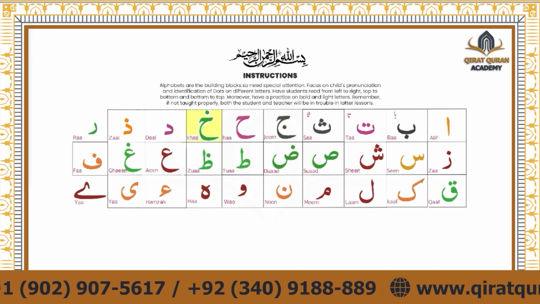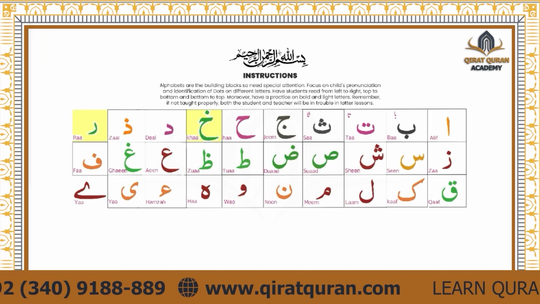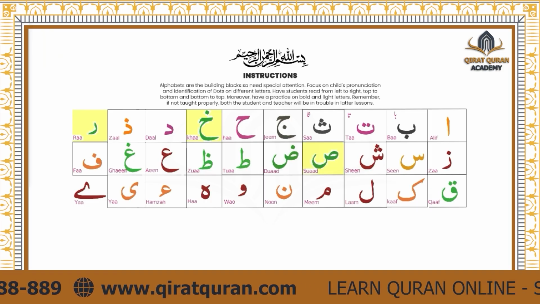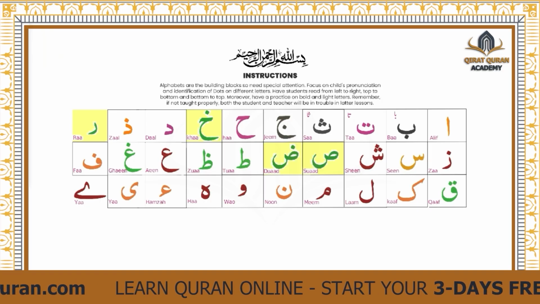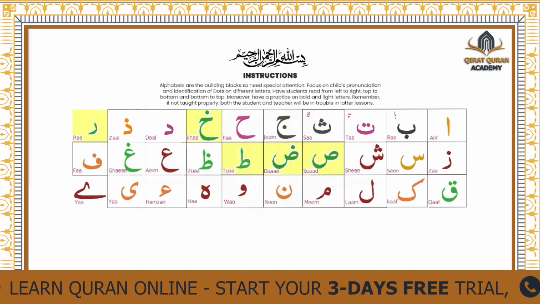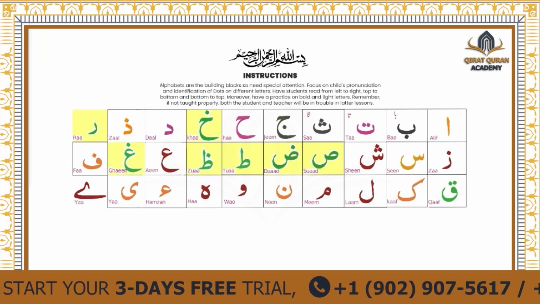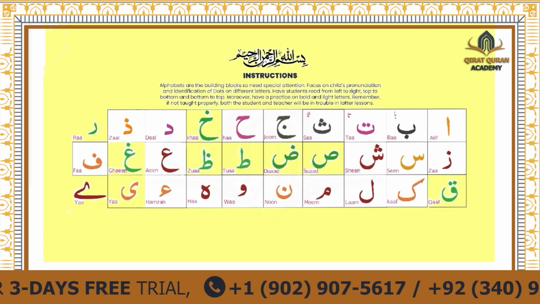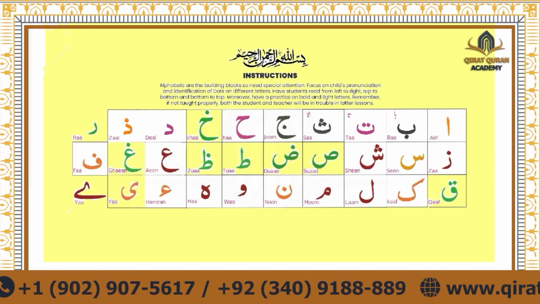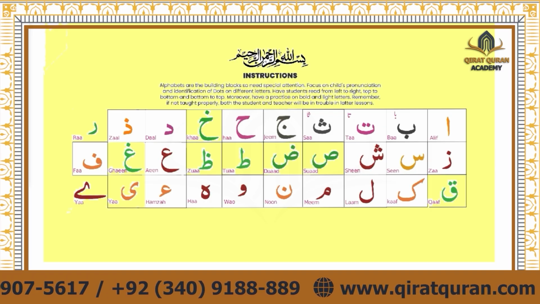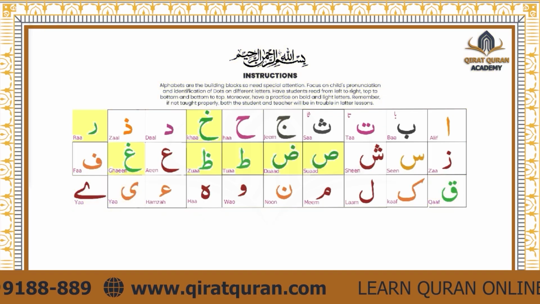The first one is Kha, then Ra, then Sad, then Dad, Ta, Za, Ghain, and Qaf. So these are the letters we have to read bold. Whenever we read these letters, we have to make a bold voice.